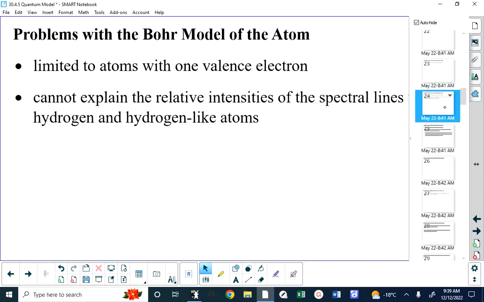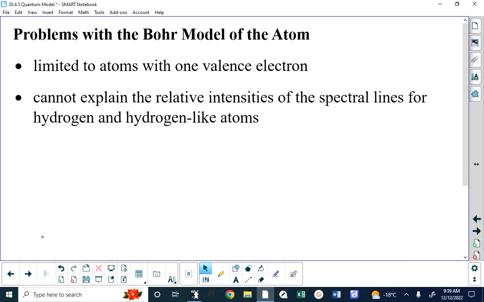Bohr's model cannot explain the relative intensities. If you were to flip back a few pages in your note package and look at the hydrogen bright line spectrum, or just go back in your memory, hopefully you'll remember that that violet line is very faint. One of the reasons why it's very faint is that our eyes are just not sensitive to that color of light. But there's another reason, and that's that there's just not a lot of violet light in that pinkish blend of hydrogen light. However, the red is more prominent, and that explains why when you mix all the colors together, you get a pinkish color.